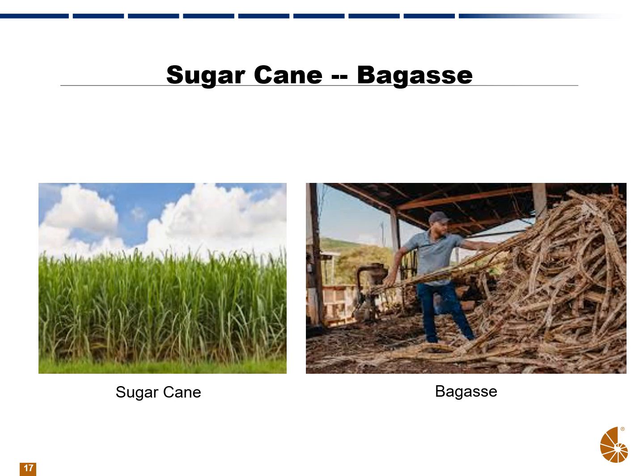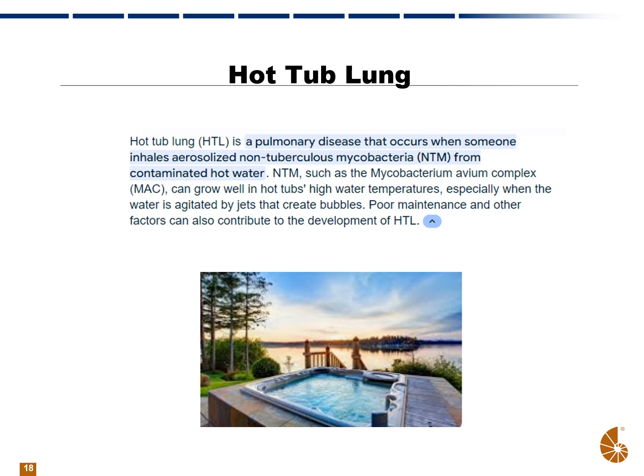Once you extract the sugar from the sugar cane, you get that bagasse, that pile of brown stuff on the right that the farmer is working with, and that can get moldy and actually cause a hypersensitivity pneumonitis.